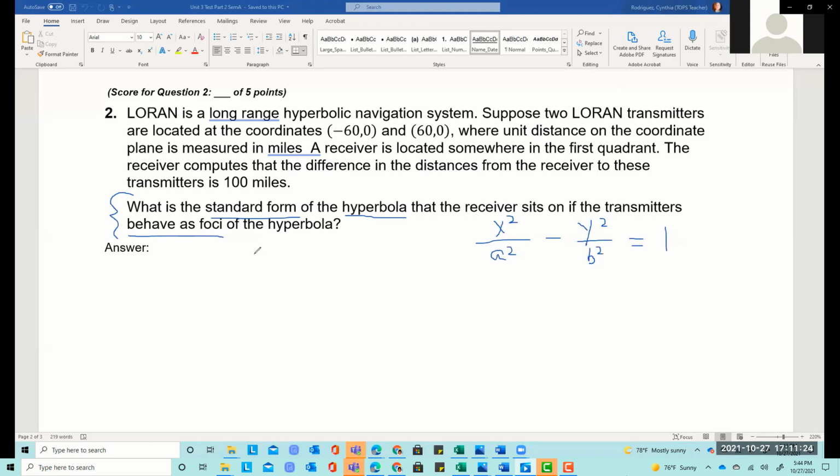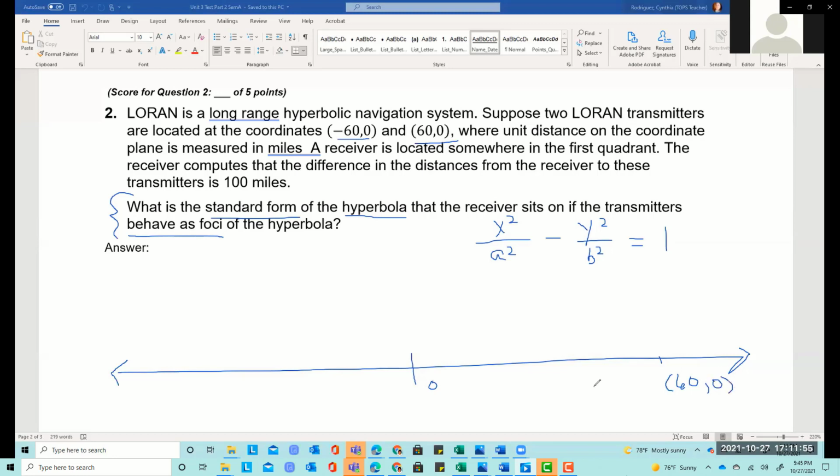All right, so I'm going to sketch this to see if that makes it easier. What are the first points that I have? -60 and +60. So I'm going to start at 0 and go to the right 60, and up 0.